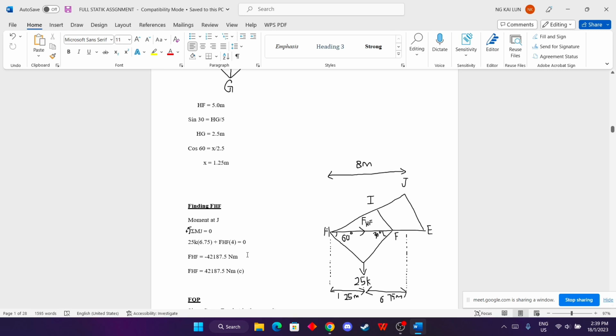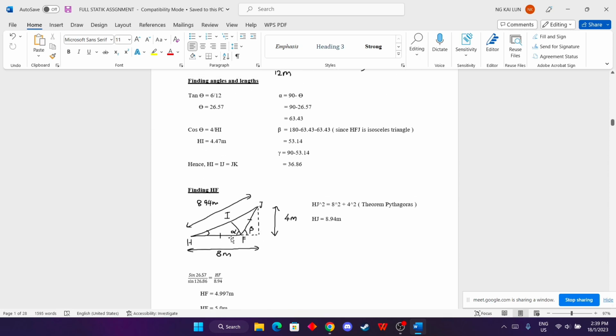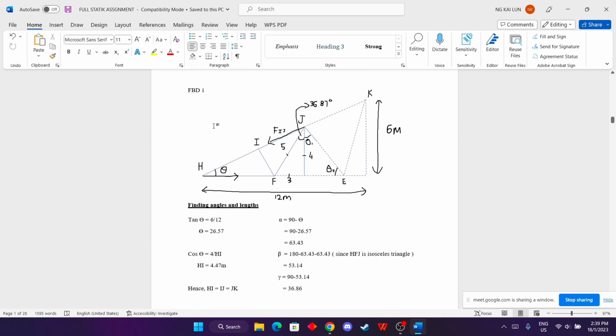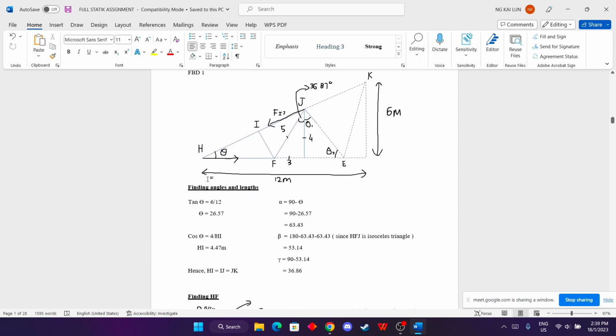To find the moment here, we need the vertical length from the 25 kilonewton force to H. That's how we find the moment to find FH. All the workings here are basically normal mathematics.